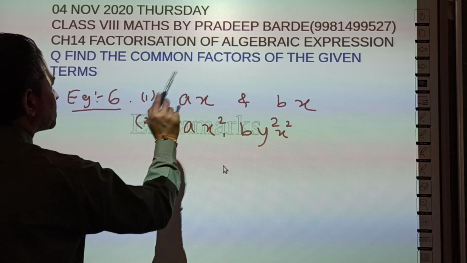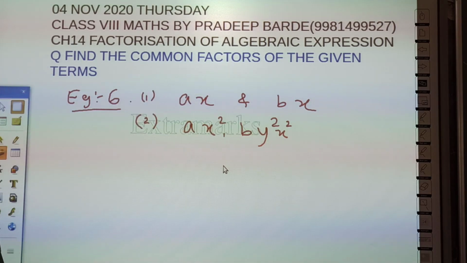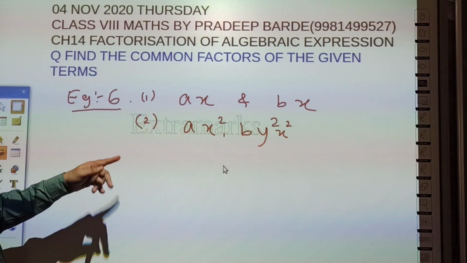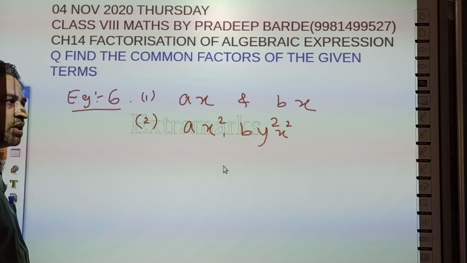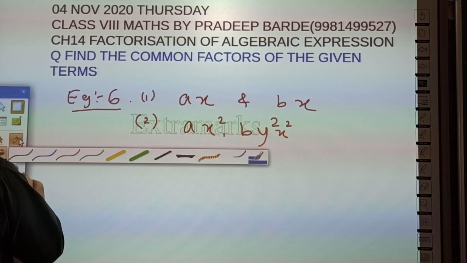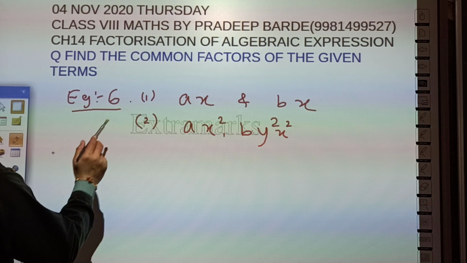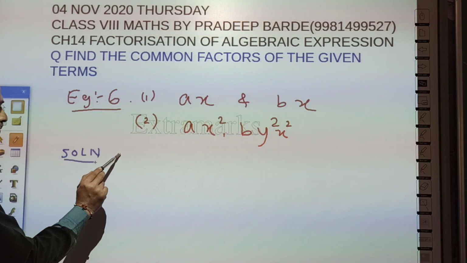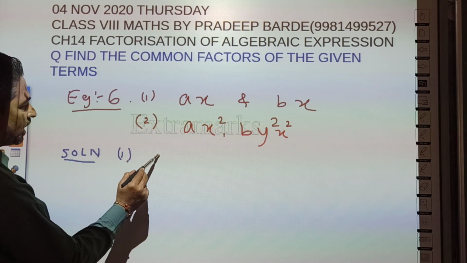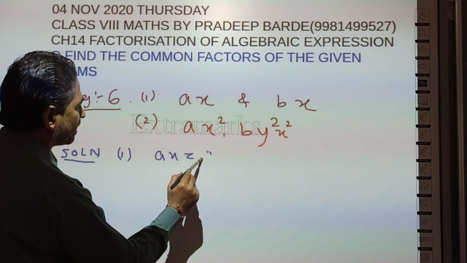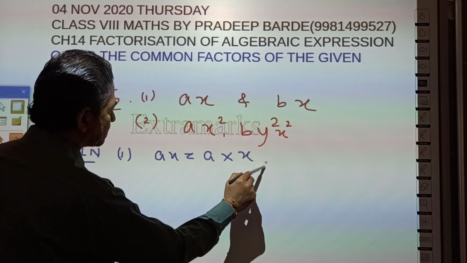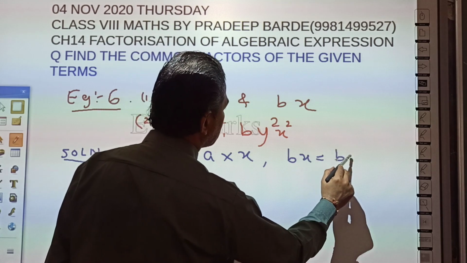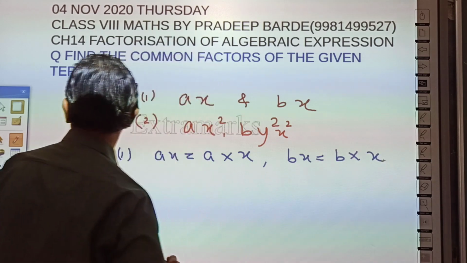Okay students, next is: find the common factors of the given terms. The first one is ax and bx. The second one is ax square and b y square x square. Let's see the solution for the first one. ax is simply written as a into x, and bx is simply written as b into x.